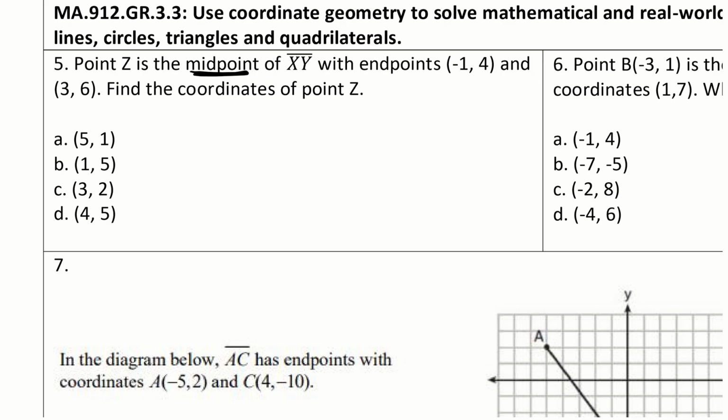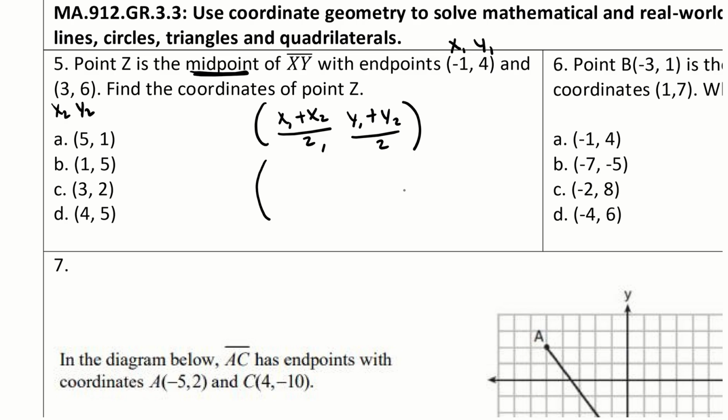Okay, so the formula for the midpoint is x1 plus x2 over 2, y1 plus y2 over 2. So let's call this x1, y1. This is x2, y2. We simply have to plug it in. So we got x1 plus x2 over 2, y1 plus y2 over 2.